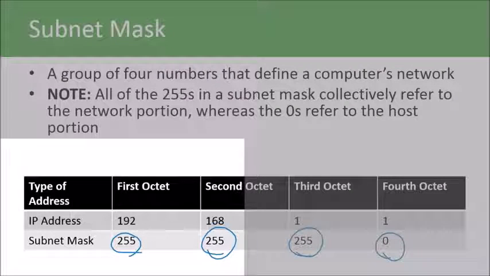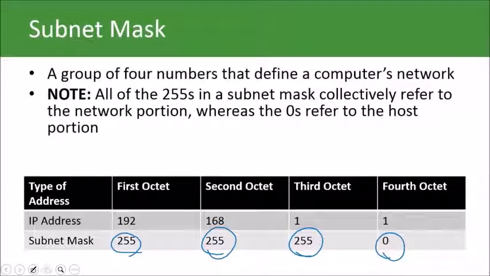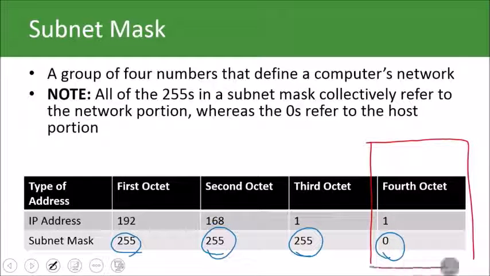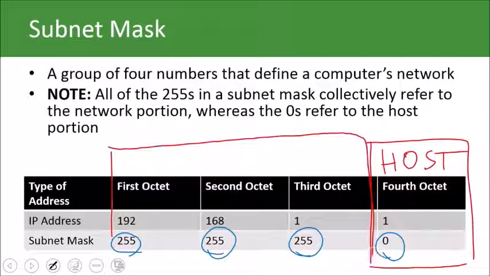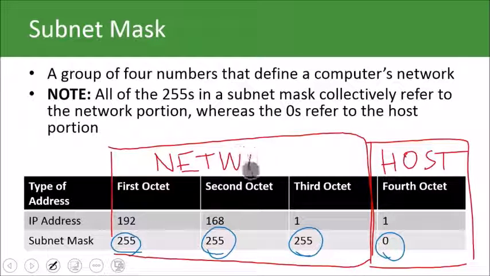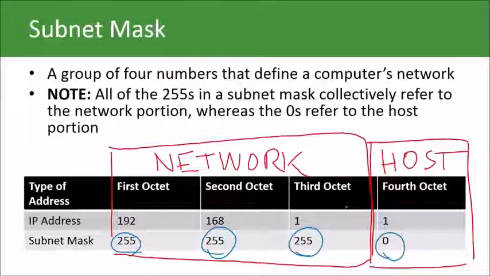So this 4th octet is the host portion, like our street address. In contrast, everything that is represented by a 255 is our network portion. This is really important for us to keep in mind as we're learning this. We'll revisit it throughout this course.